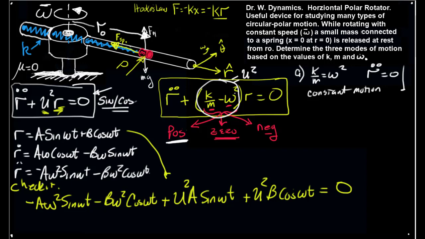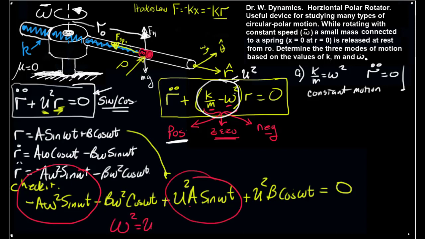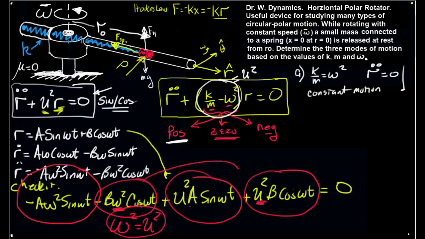And looking at this, these two will drop if omega squared is equal to u squared, and these two will cancel if omega squared is equal to u squared. So this becomes our criteria for that. So it checks out.